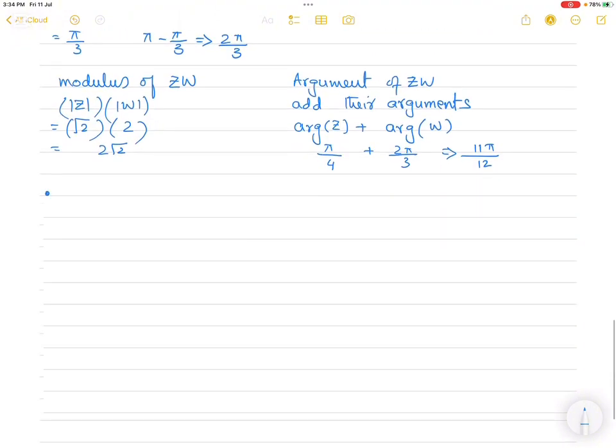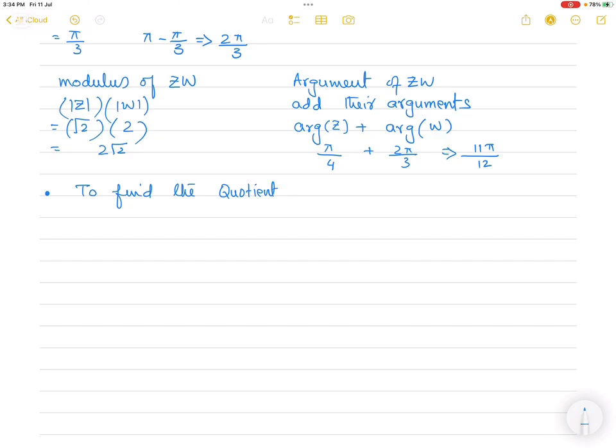The second important point was to find the quotient of two complex numbers: divide their moduli and subtract their arguments.